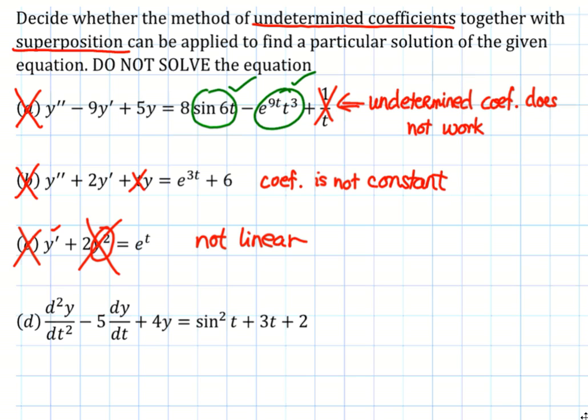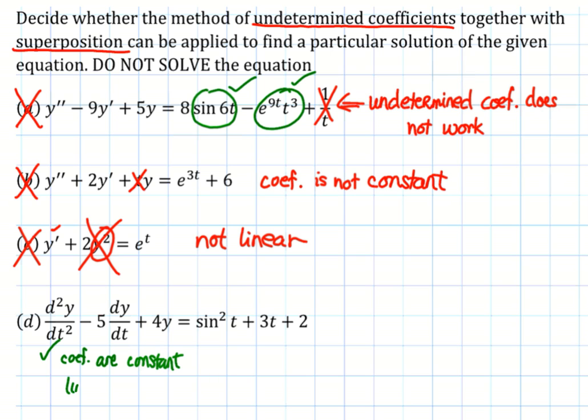Right. We check the last one. Second derivative, so that's good. It's linear. The second derivative and the derivative, the function is good. The coefficients are good. All of the coefficients are constant. That is good.